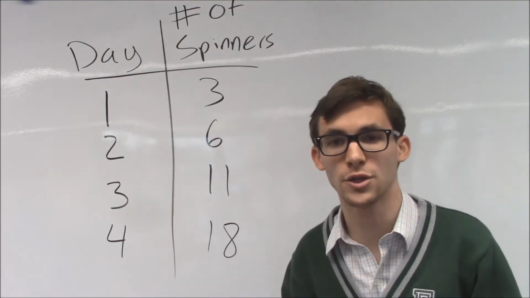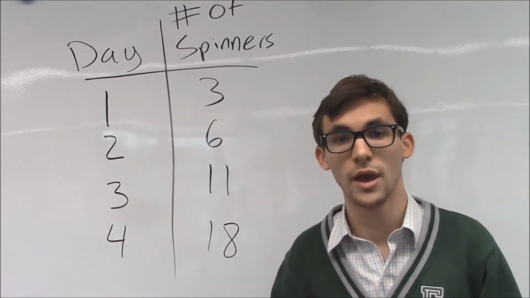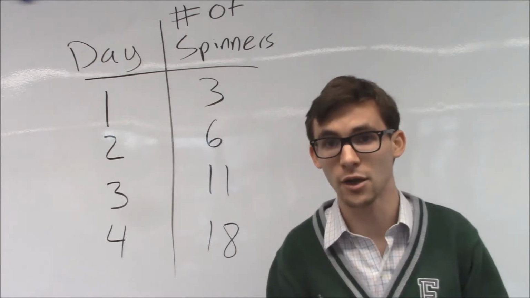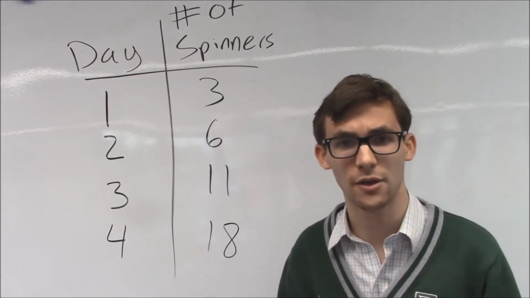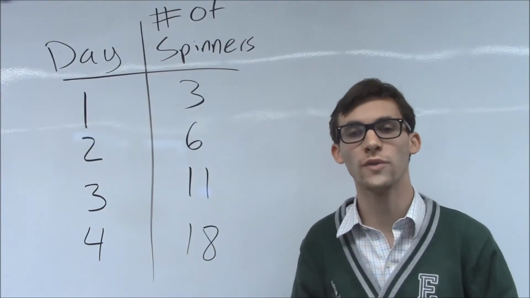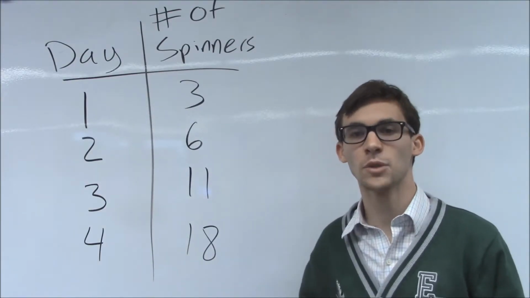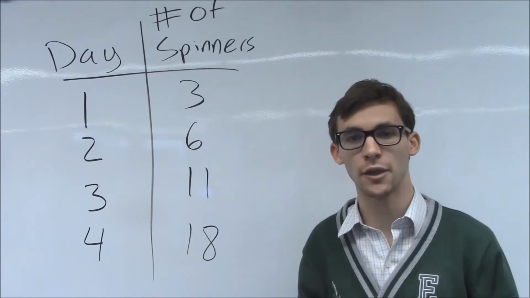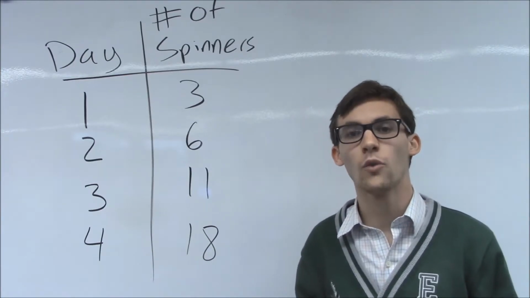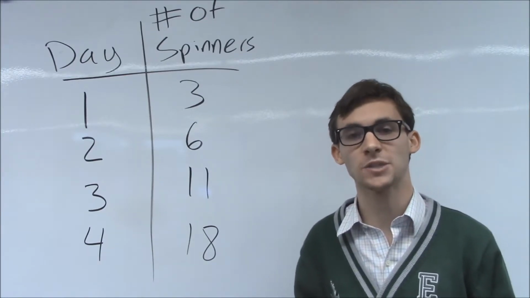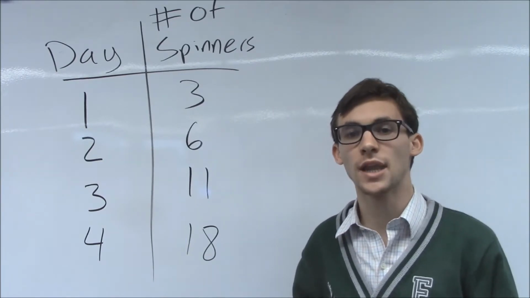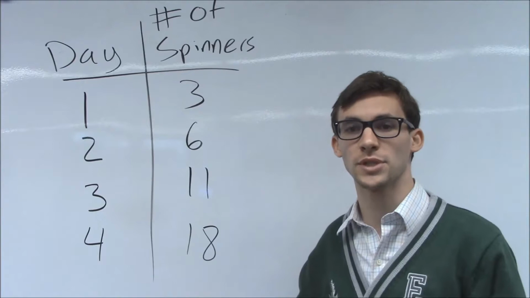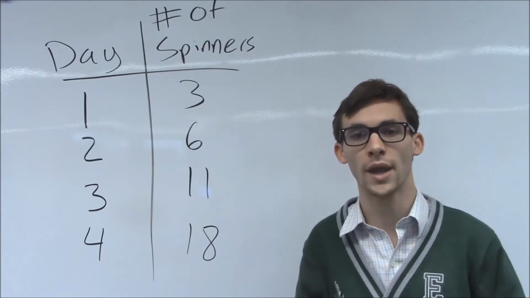Hopefully, you and your partners knew that I was wrong. A function can be linear, can be exponential, or it can be neither. So far, all we've determined is that this table is not represented by a linear function. Now, we need to see if it is represented by an exponential function. When I say go, turn and talk with your partner. Does an exponential function accurately represent this data? Why or why not?